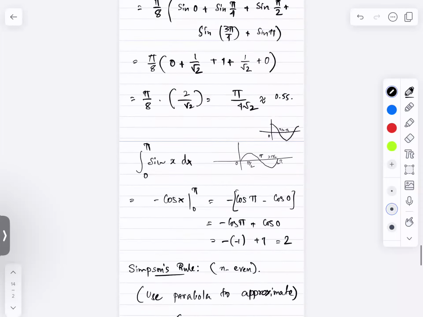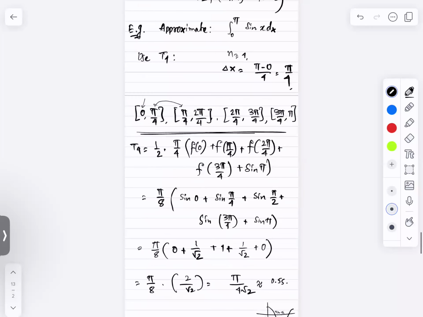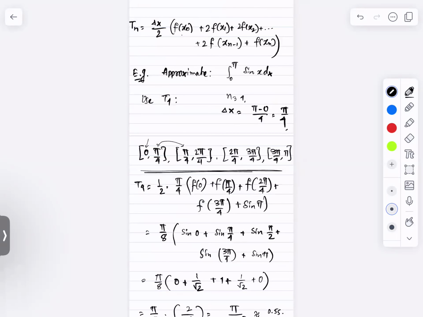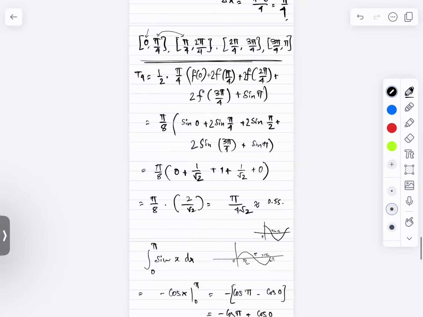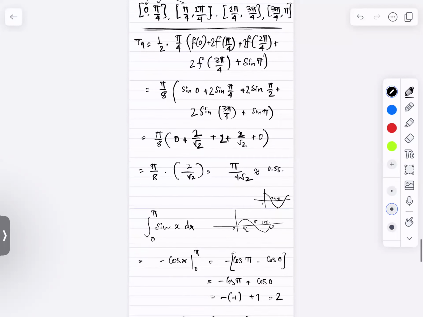Okay, I realized one more mistake here. You can see that I should multiply by 2 there. The formula has a 2, which I missed. That's why my approximation is so bad. So I should have 2 there, 2 there, 2 there. So 2 over 2 plus 2, 2. Let me just erase it.